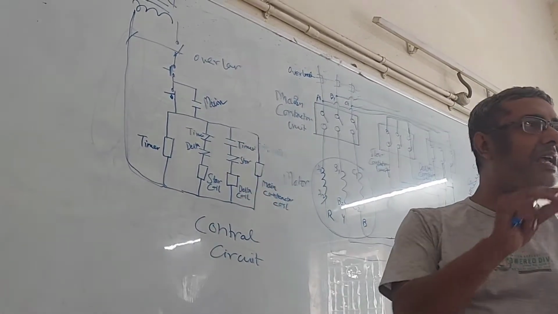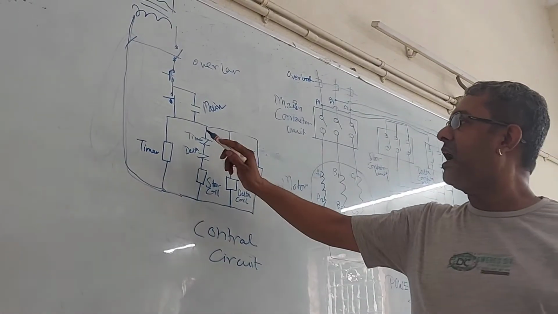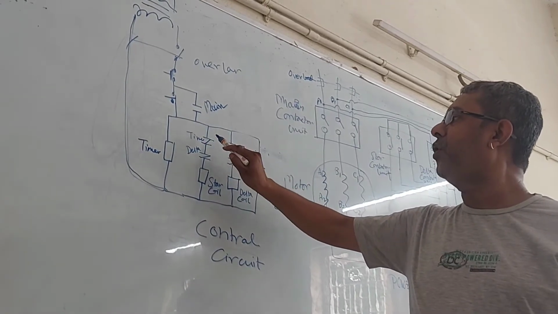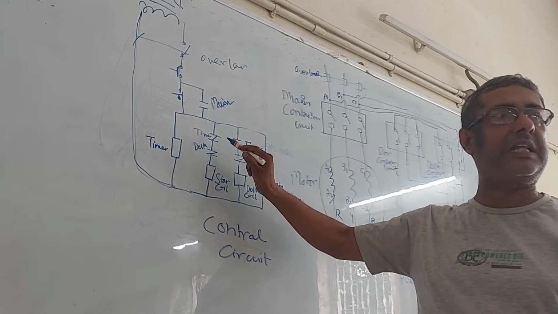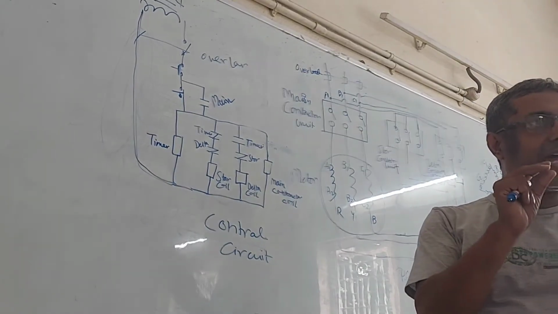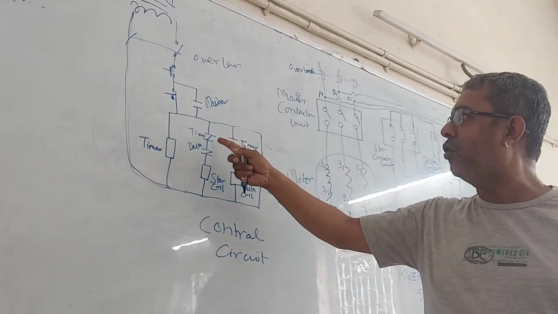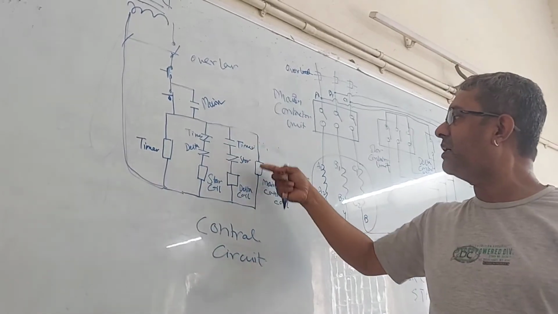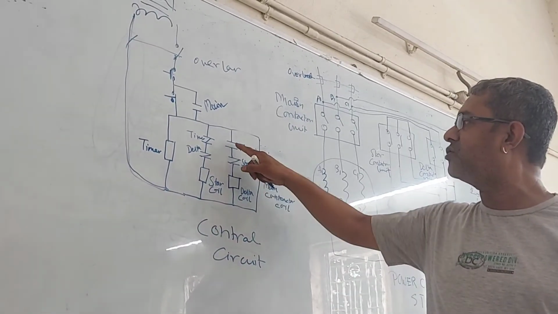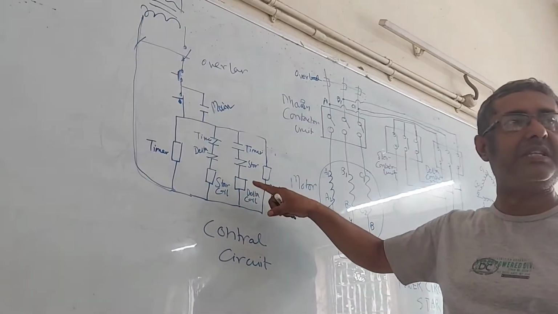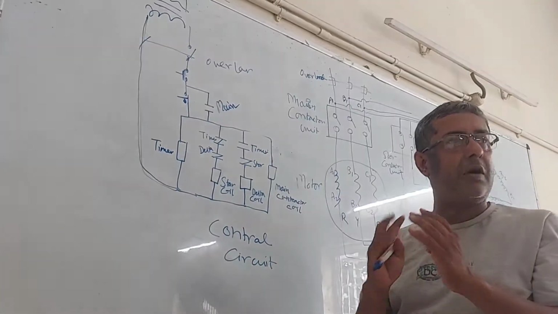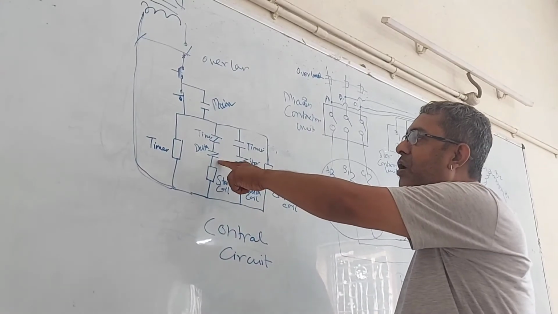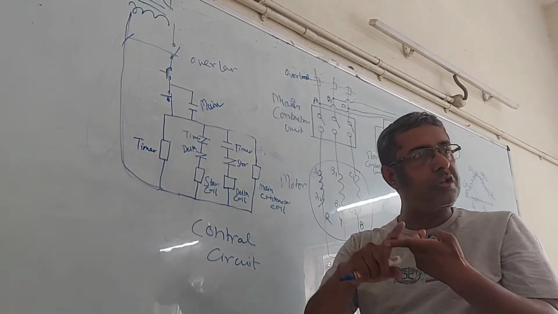But till the timer has not been actuated, the current will flow through this path. It will remain closed till the timer set time is reached. The delta contactor unit is open here, current is not flowing through it, so the delta contactor unit is not charged now, so its NC contact is still closed.